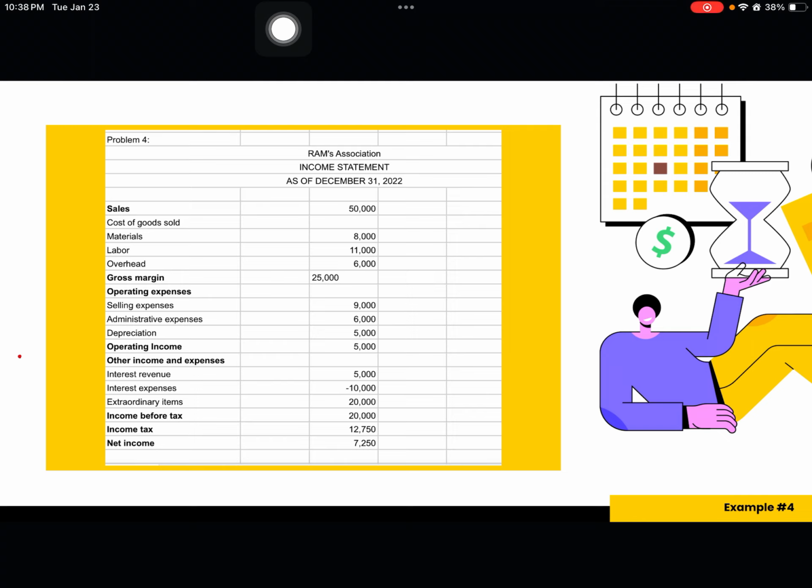Other income and expenses: interest revenue 5,000, interest expense negative 10,000, extraordinary items 20,000, income before tax 20,000, income tax 12,750. So our net income is 7,250.